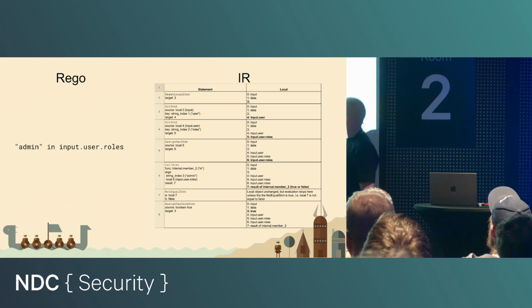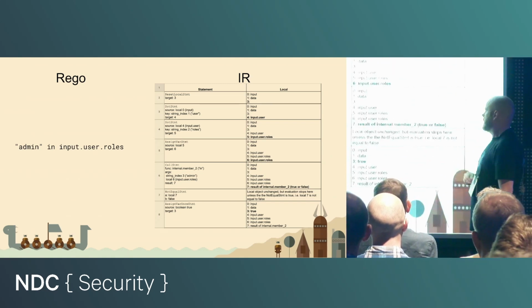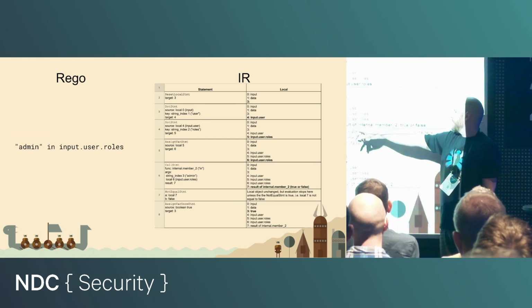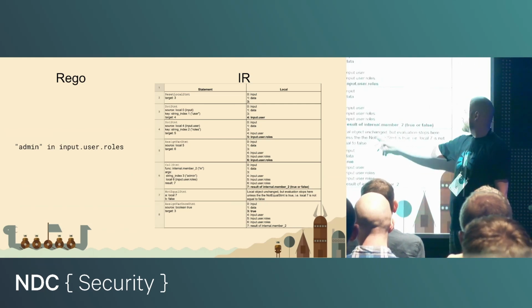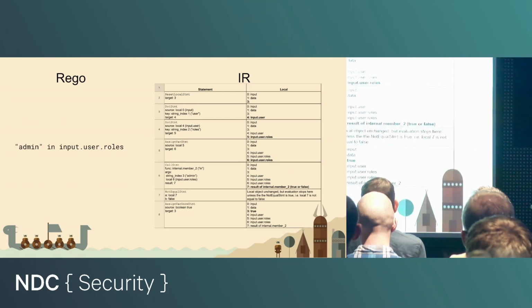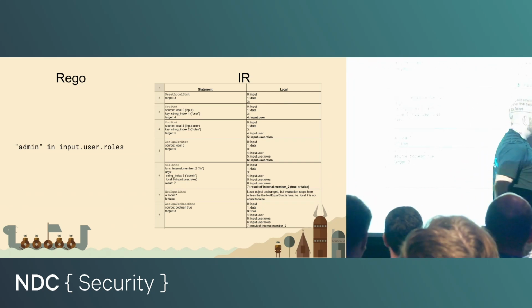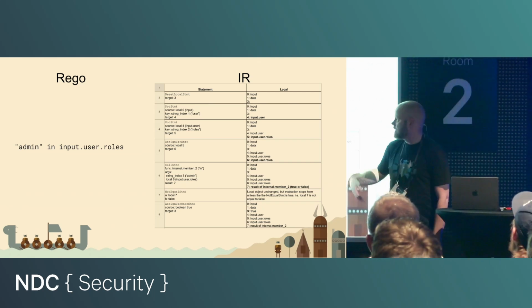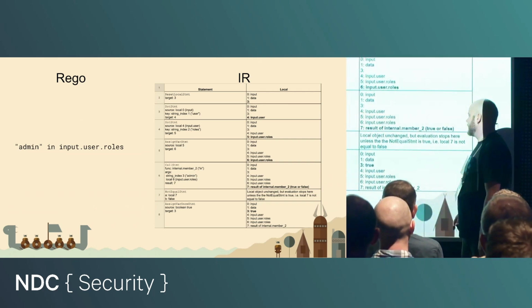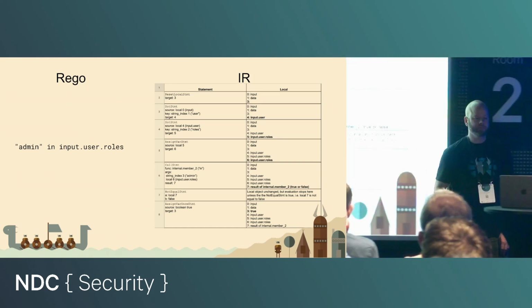In the next step, I'm going to assign the value of that to location number 6. And in the next step, I'm going to make a call to internal.member_2, which is a cryptic way of saying in. So I'm going to make a call, and that's going to return either true or false, and I'm going to assign the result of that to target number 3.